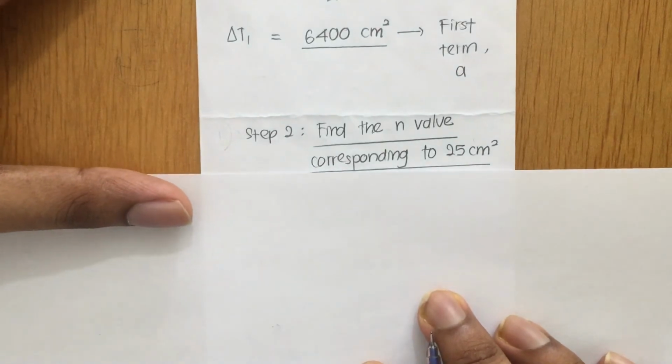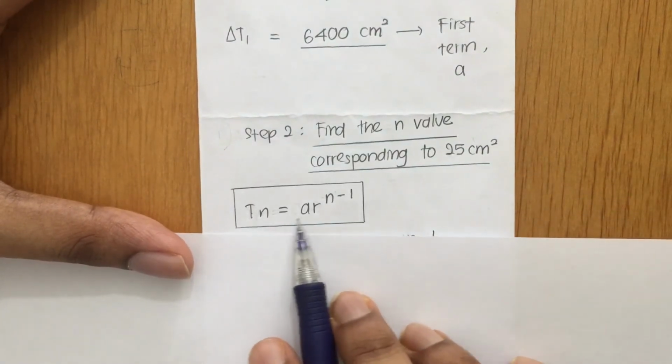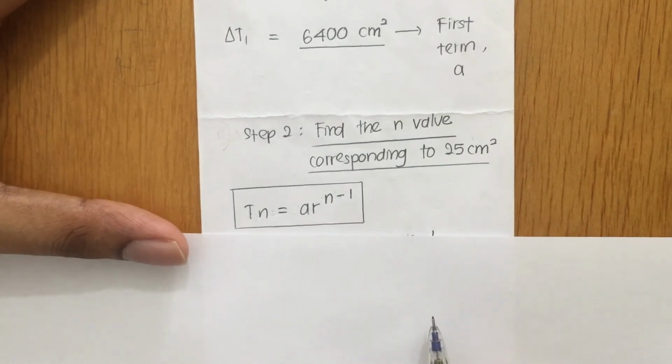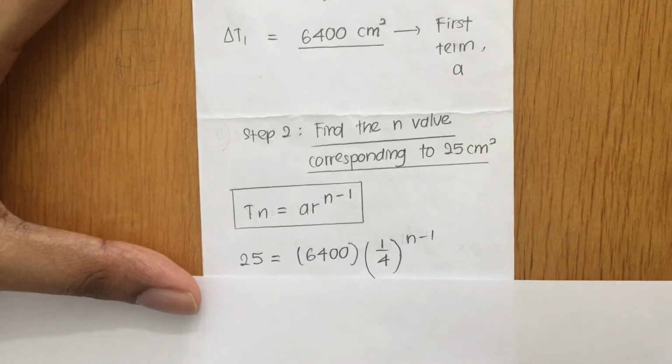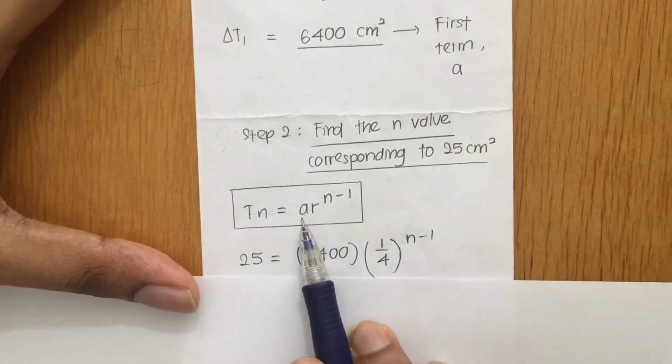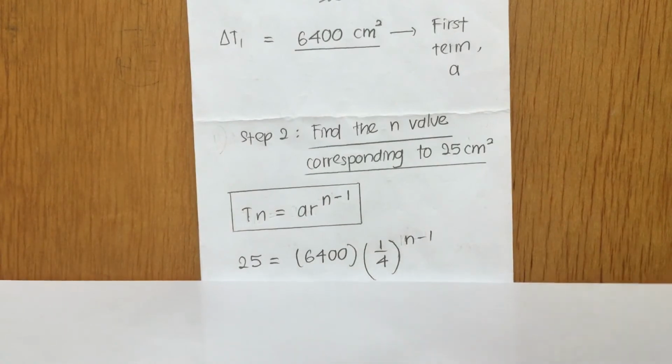To find the Tn of the geometric progression, it is given by Tn equals AR to the power of n minus 1. Substitute all the respective values here. In this case Tn is 25, A, the first term, which is the area of the first triangle, is 6400, and R, the common ratio we have already found in question part A, is 1 over 4, to the power of n minus 1. Now you can proceed to the calculation.